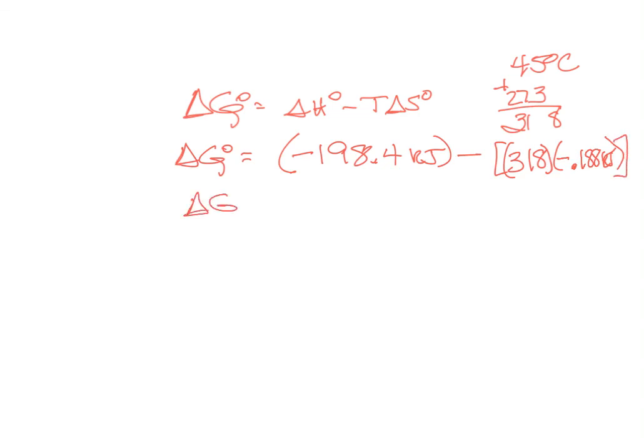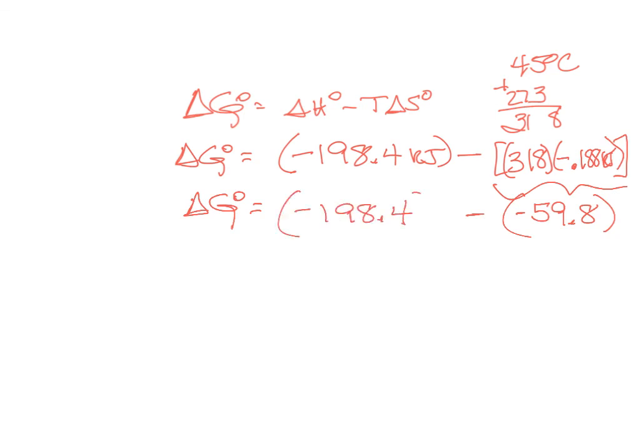Let's go ahead and calculate and see what we have here. I think I punched that in wrong. Hold on. Here we go. Minus 59.8. The two negatives give you a positive, so we've got minus 198.4 plus 59.8.